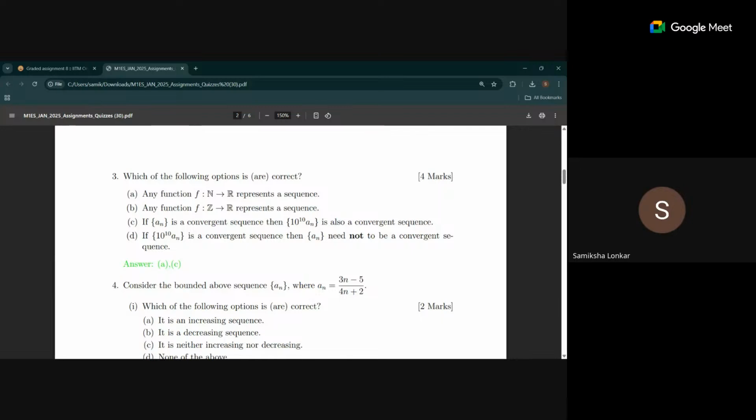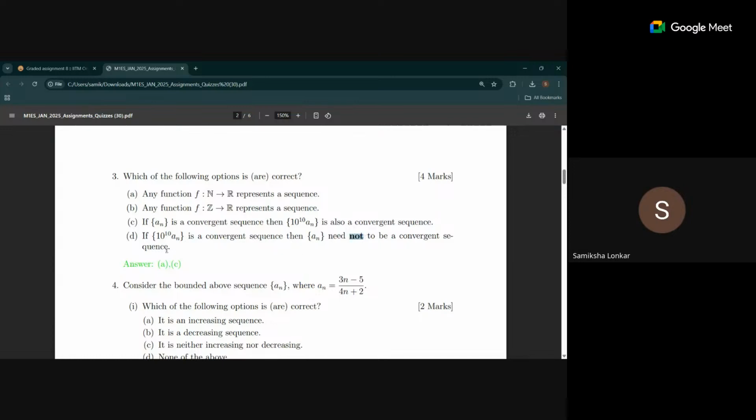This is also correct because if AN goes to L, then any constant multiple of that sequence will also go to the same constant multiple of L. This is a well-known thing. But D is not correct. If 10 to the power 10 AN is a convergent sequence, then AN need not be, okay, B is also correct because need not be is given to us, right?